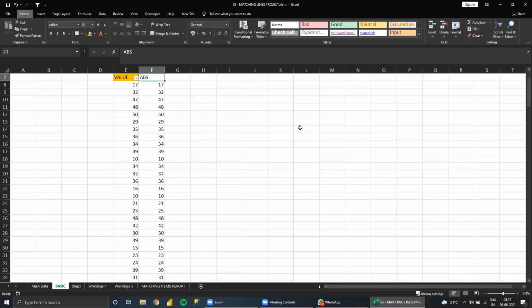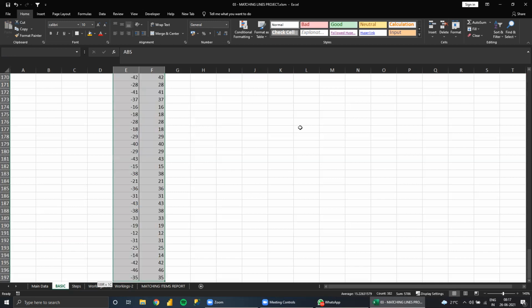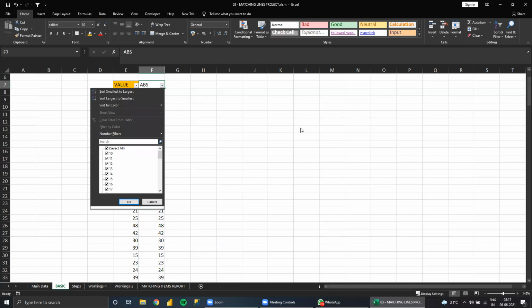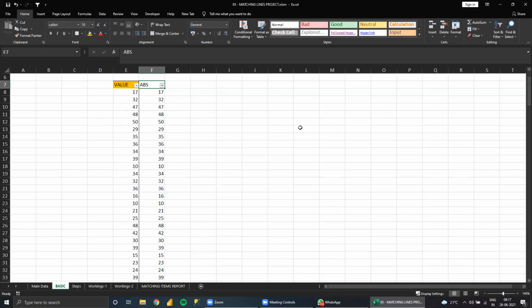Very good. Now, once you make them absolute values, you will sort it, and all the related values will become together.